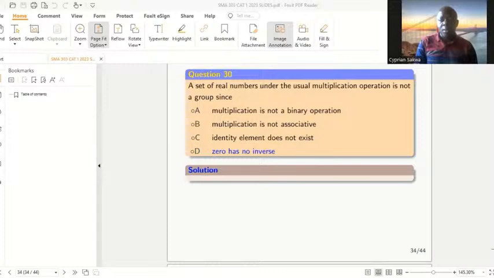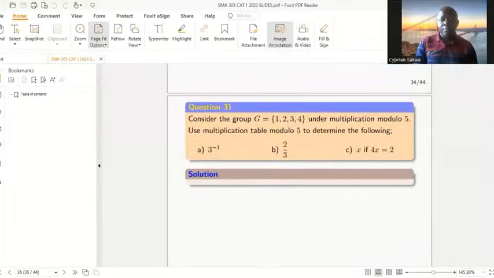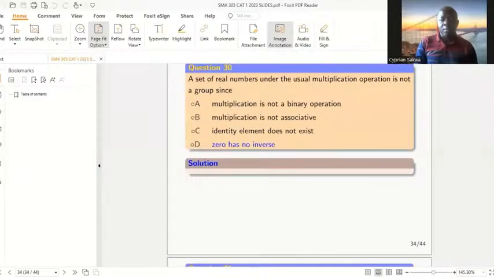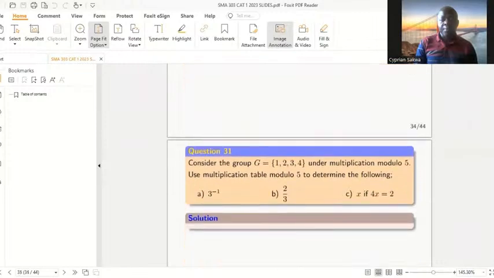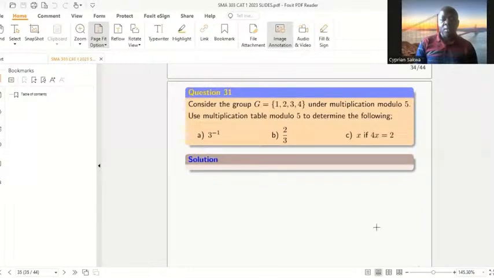Let's look at another question. This one was question 30. Let's look at question 31. Question 31 says, consider this group under multiplication modulo 5, then use the multiplication table to determine the following.